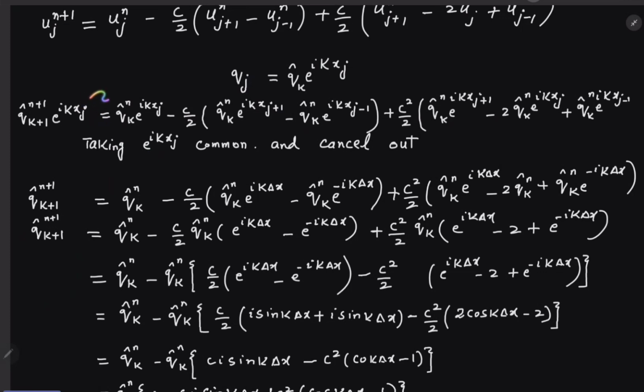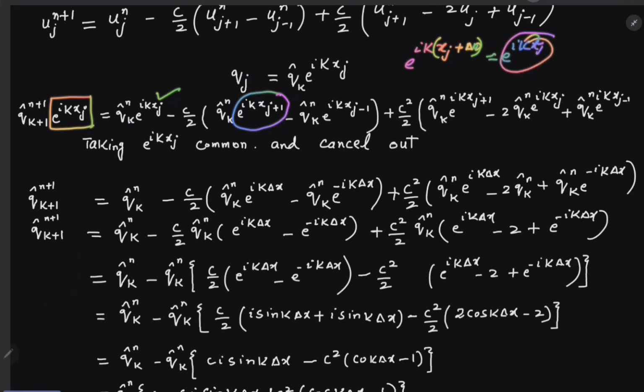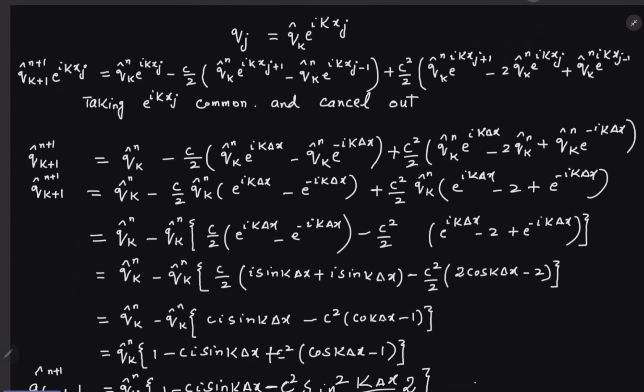You can see that there is e raised to the power iota k x_j common over here. When you take it common from here, this can be written as e raised to the power iota k (x_j plus delta x). And you can see that e raised to the power iota k x_j is common from here too, so we can cancel out that term.